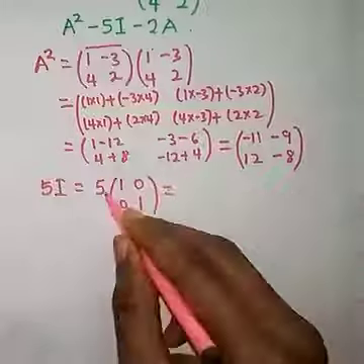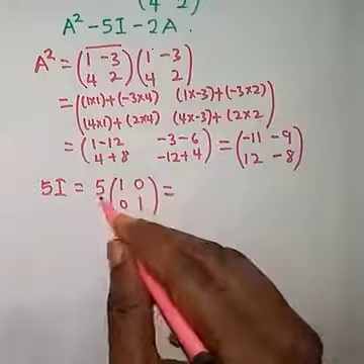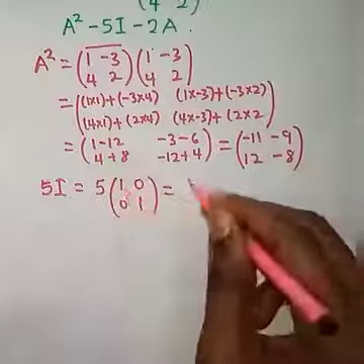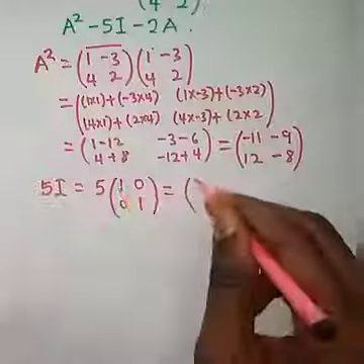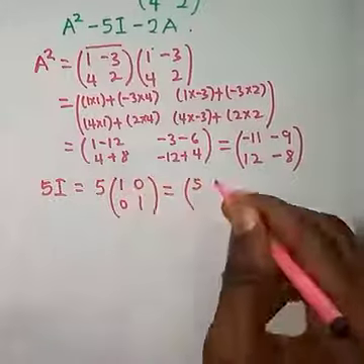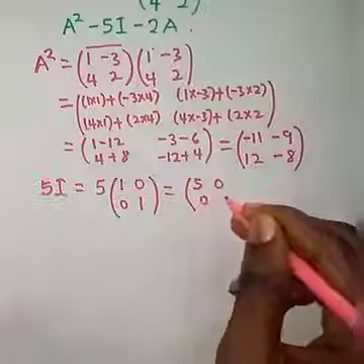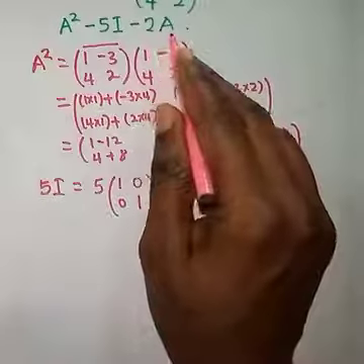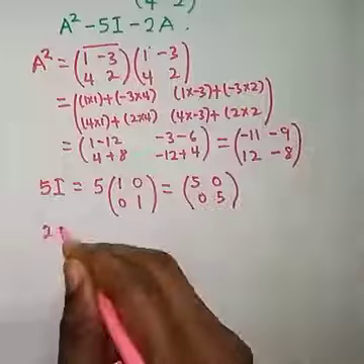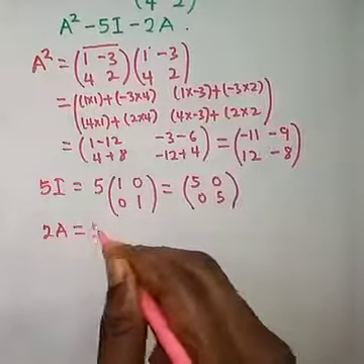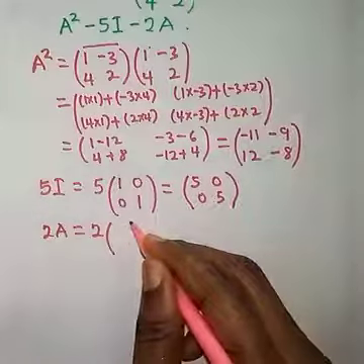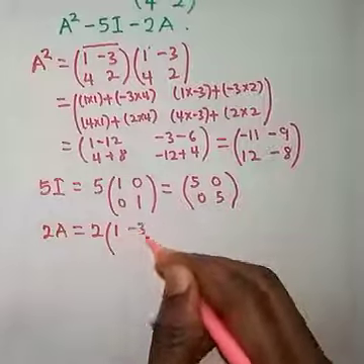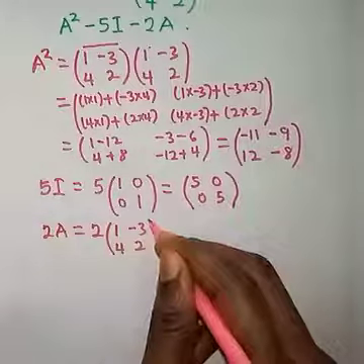We carry out this scalar multiplication, 5 times each entry in the matrix. So 5 times 1 is 5, 5 times 0 is 0, 5 times 0 is 0, and 5 times 1 is 5. And then lastly, we evaluate 2A. 2A equals 2 times A. A is 1, minus 3, 4, and 2.